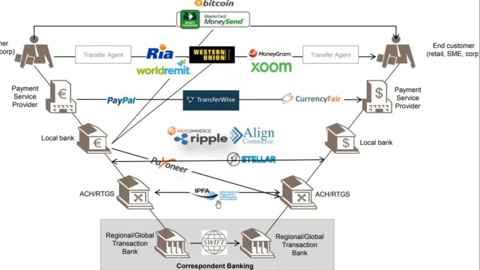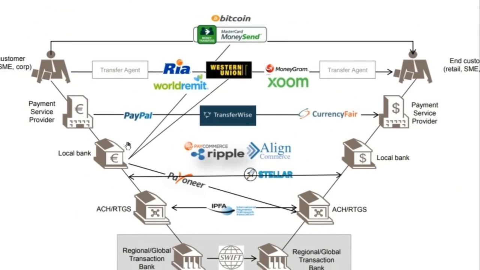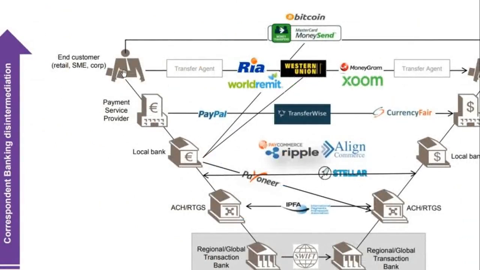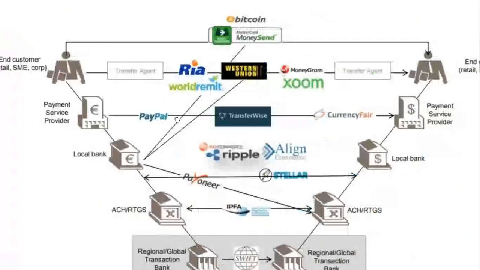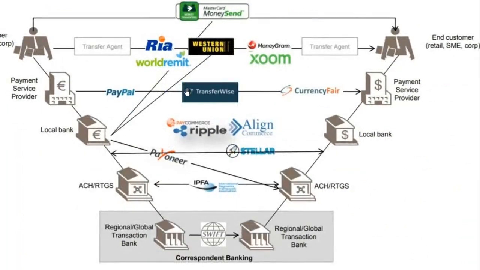Other ways of making it possible or easy involve local banks. As a customer, you have to use a service provider like PayPal, Kiwi, TransferWise or Wise, any of these platforms. You can either use an agent like Western Union, MoneyGram or Ria to transfer the money to another person, or you can use PayPal through a service provider.